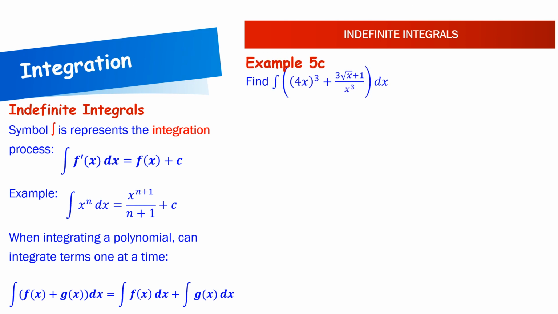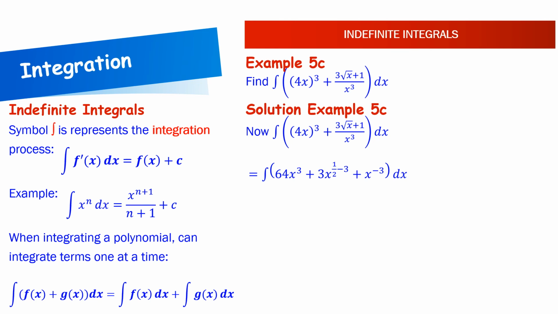And now for example 5c. Four x to the power 3 becomes 64x cubed. Splitting up the fraction, we have 3x to the half minus 3 plus x to the minus 3 dx.